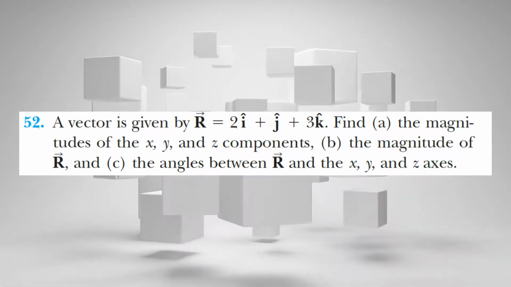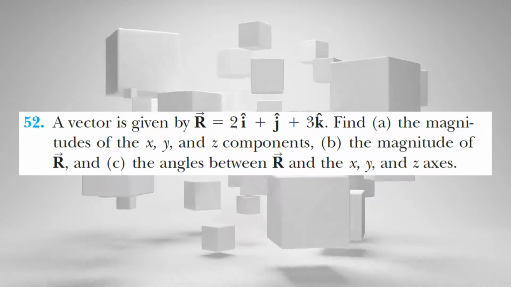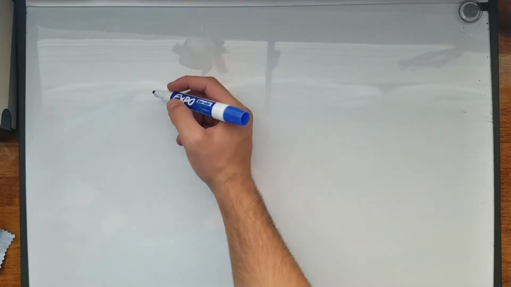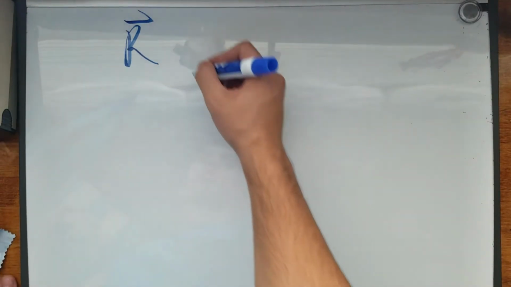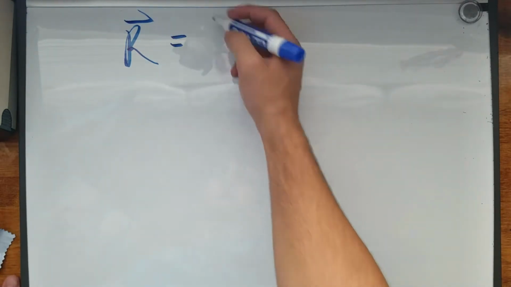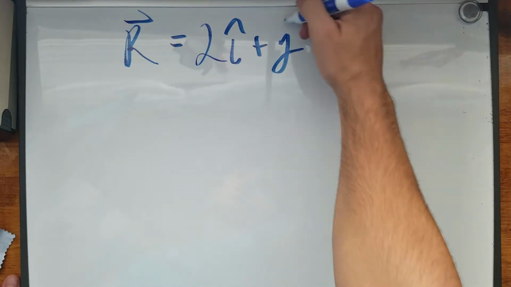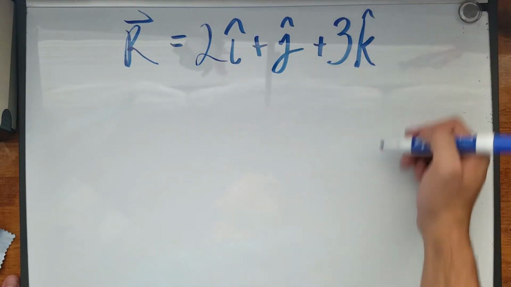Alright, now let's do part A, which asks for the magnitude of the x, y, and z components. Let's start with what we're given. We're given the r vector, which is equal to 2i hat plus j hat plus 3k hat, right?